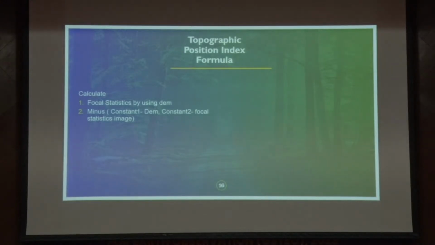First we calculate the focal statistics using the DEM. In ArcGIS we search focal statistics using the DEM, and then we create a focal statistics map. Then we search Minus, and in constant 1 we input the DEM, and in constant 2 we input the focal statistics image. Then the topographic position index is created.